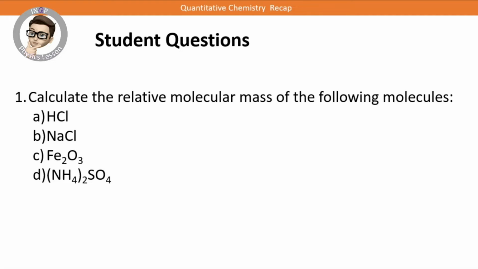And part D, (NH4)2SO4. Remember that the 2 acts on the whole of the brackets of the NH4, and the 4 of the H acts on the H only, and the 4 of the O acts on the O only. So pause the YouTube video here, have a go at those questions, and we'll go through the answers in a moment.